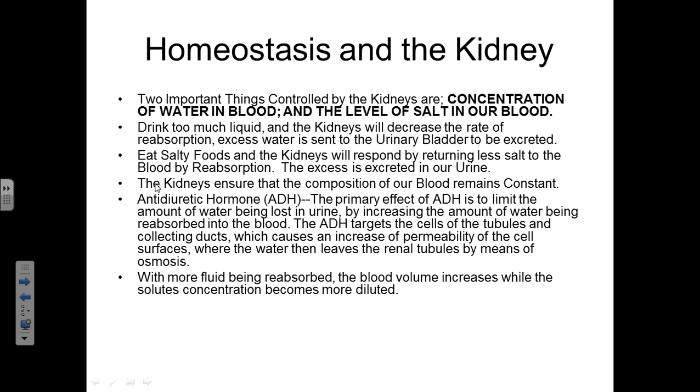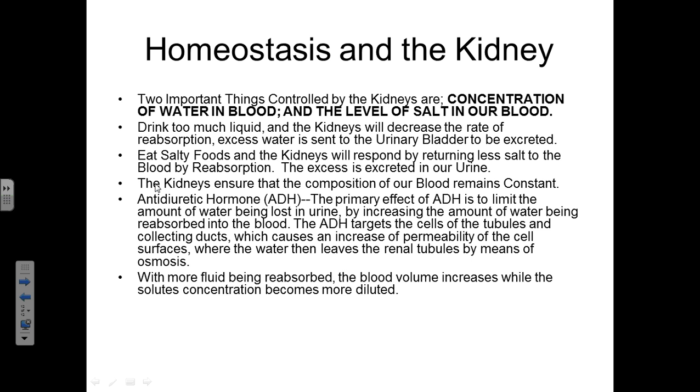Clear, almost clear. Really, really diluted. If on the other hand, you haven't been drinking a whole lot and you've been exercising, urine comes out really dark, right? It's about conserving water, maintaining homeostasis of salts and water inside your body. That's what your kidneys do.